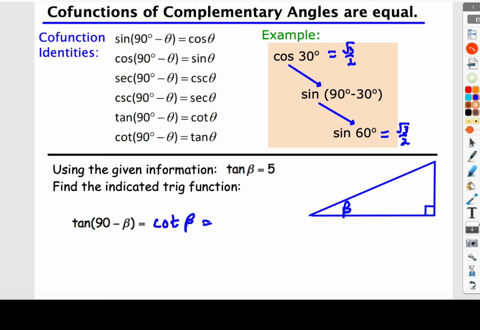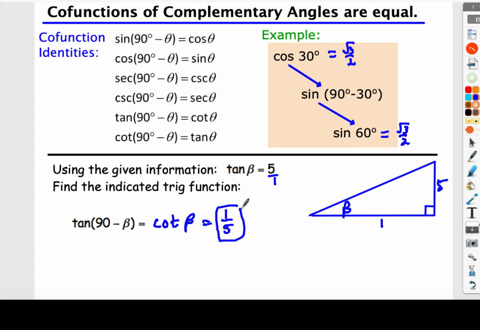And tangent, again, its ratio, remember that's always a fraction, is equal to the opposite over the adjacent. Well, in that case, the cotangent would just be adjacent over opposite, or basically 1/5. And if the cotangent of beta is 1/5, then the tangent of 90 minus beta is also 1/5.